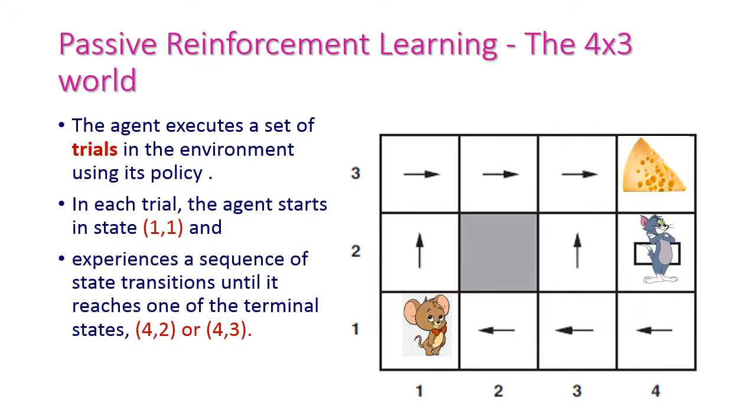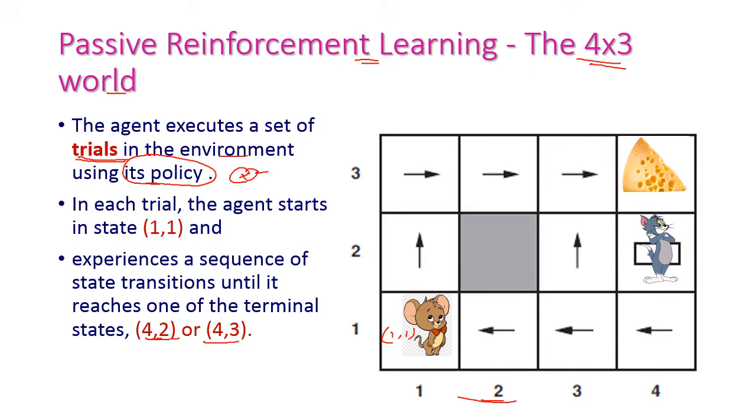Let us see one example for this passive reinforcement learning, that is the 4x3 world. In this 4x3 world, the agent executes a set of trials in the environment by using its policy. The agent starts with state 1,1, and there are two terminal states.